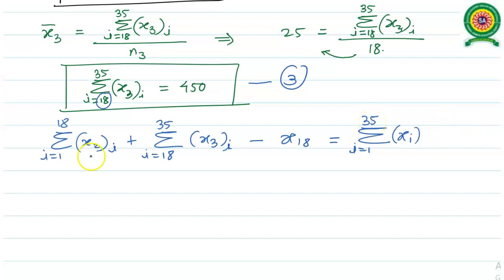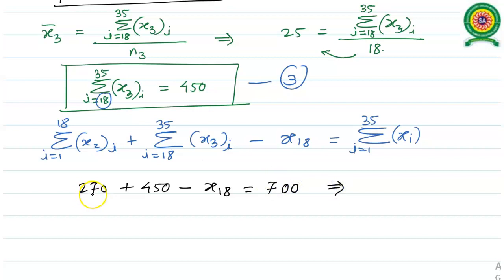So the sum of the first 18 observations is 270 as per equation number 2. As per equation number 3, the sum of the last 18 observations is 450, and minus x18 equals the sum of all observations, that is 700.